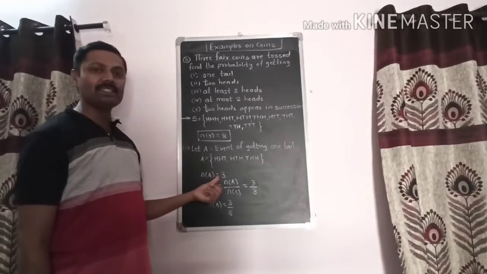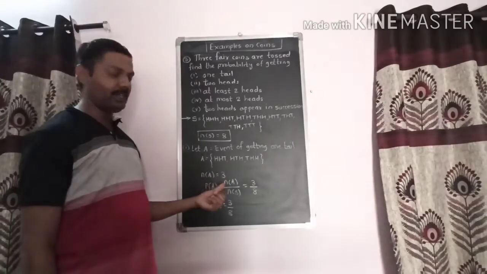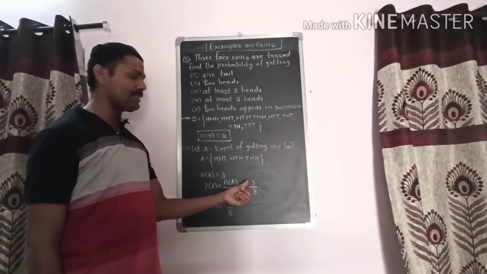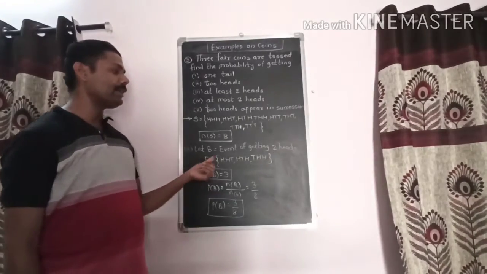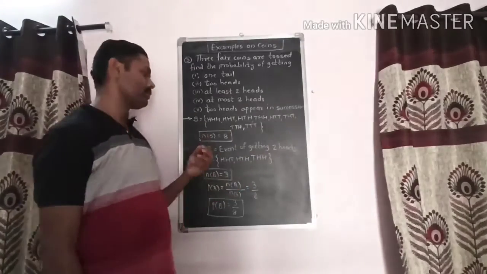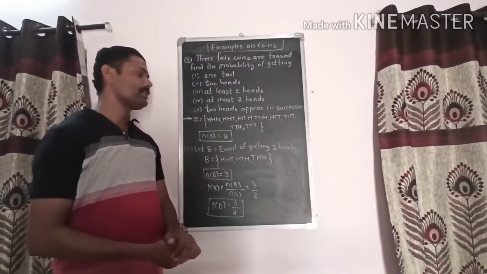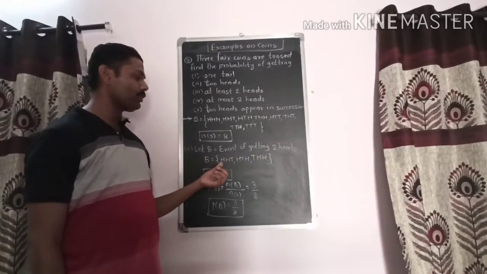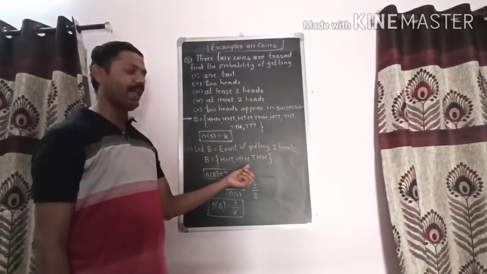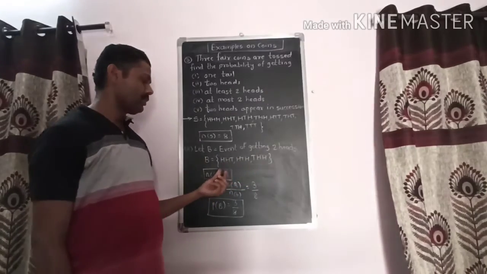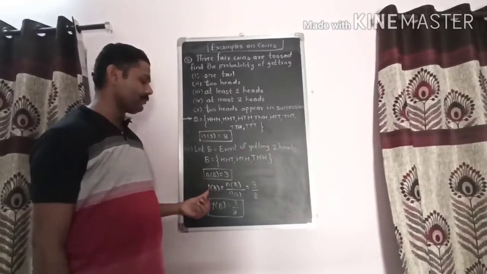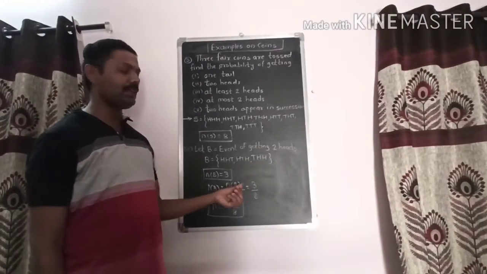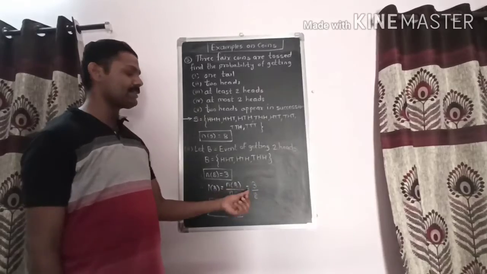So n of A is 3, P of A is n of A divided by n of S. N of A is 3, n of S is 8, so the answer is 3 upon 8. Let B be the event of getting two heads. So we have to select the sample points where only two heads are present. So B is equal to {HHT, HTH, THH}. N of B is 3, now P of B is n of B divided by n of S, so the answer is 3 upon 8.